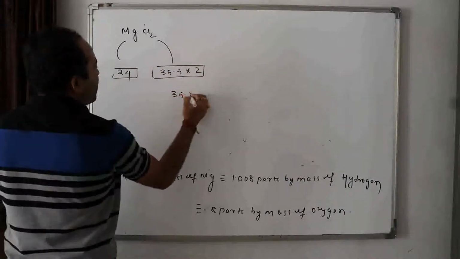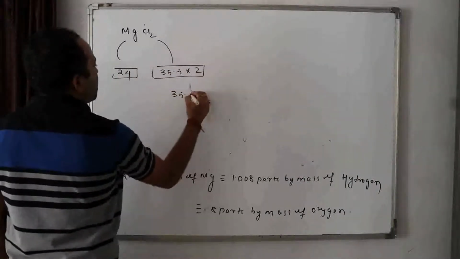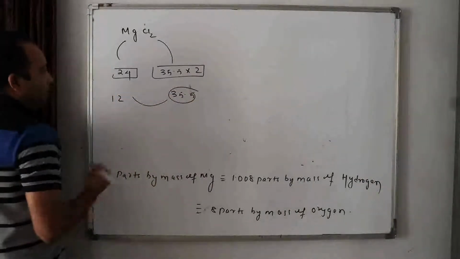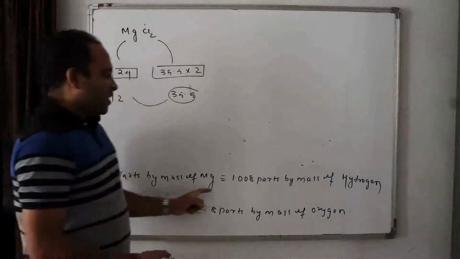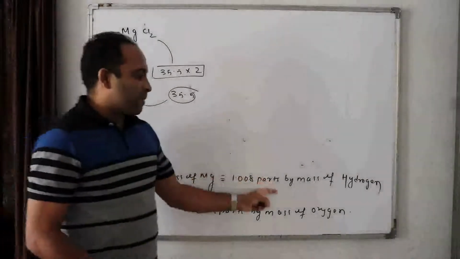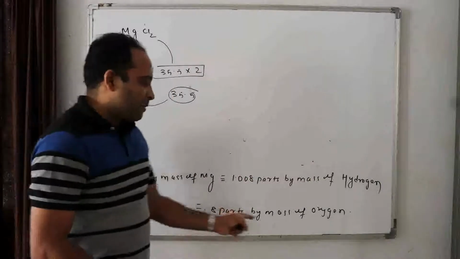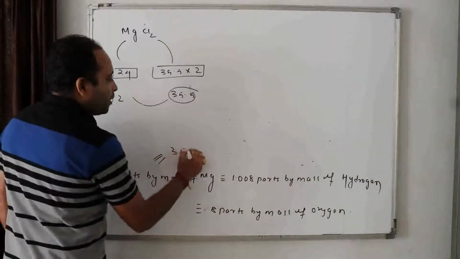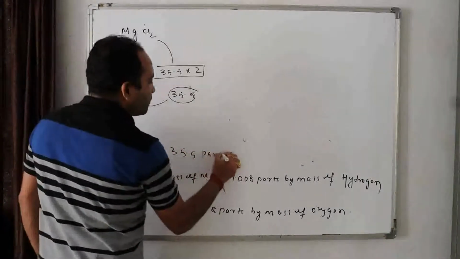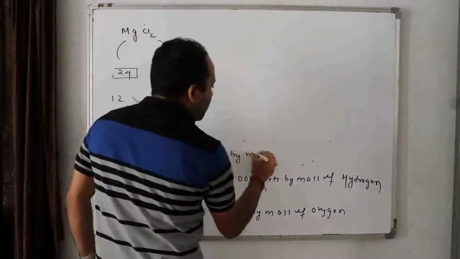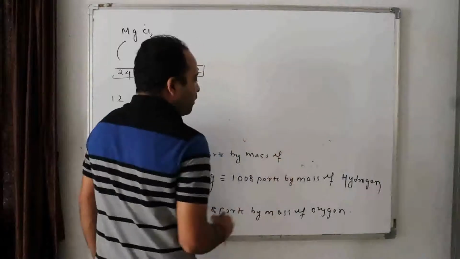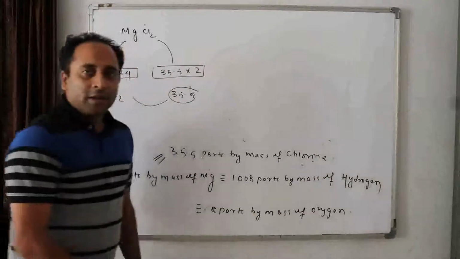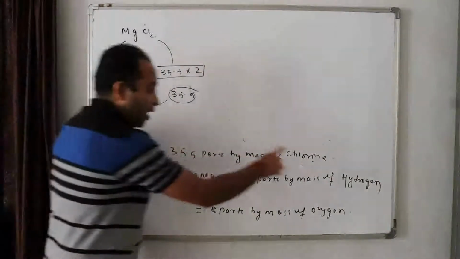So 35.5 will combine with how much? 12 parts. Easy. That means 12 parts by mass of magnesium is equivalent to 1.008 parts by mass of hydrogen, which is equivalent to 8 parts by mass of oxygen, which is also equivalent to what? 35.5 parts by mass of chlorine.